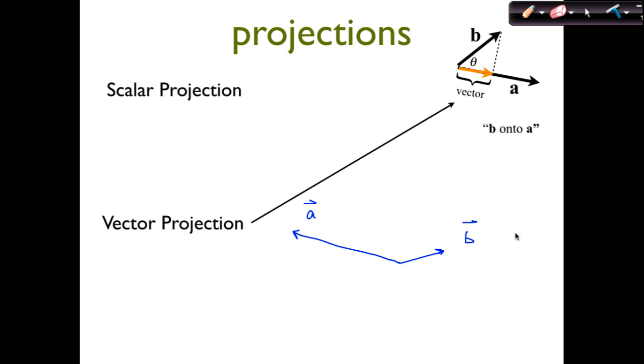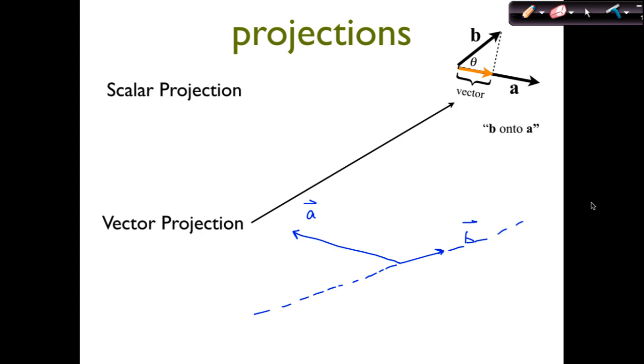Okay, so I'll do it for my example, and then you can see if yours is right. When you say A onto B, it's the vector projection of A onto the line through B. So if you need to extend B into a line, you might have to do that. That's what I have to do. You might have to start by extending the vector that you're projecting onto into a line.